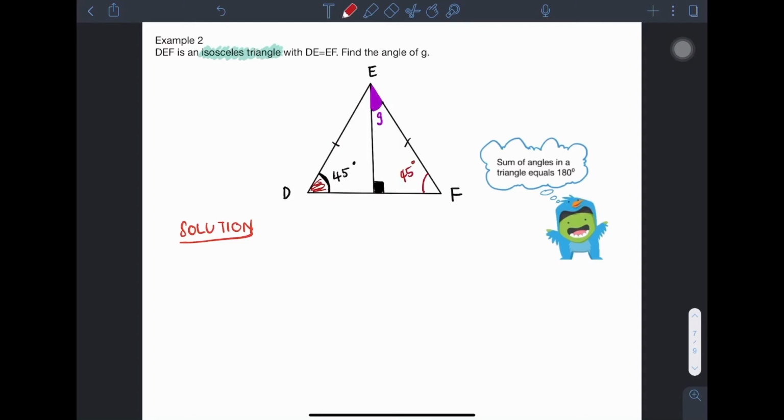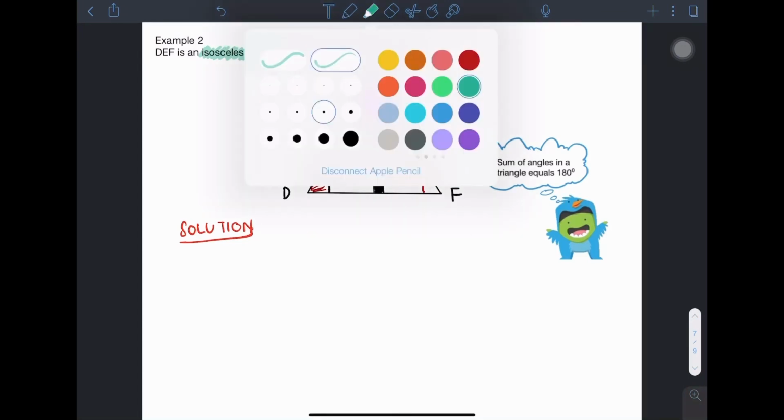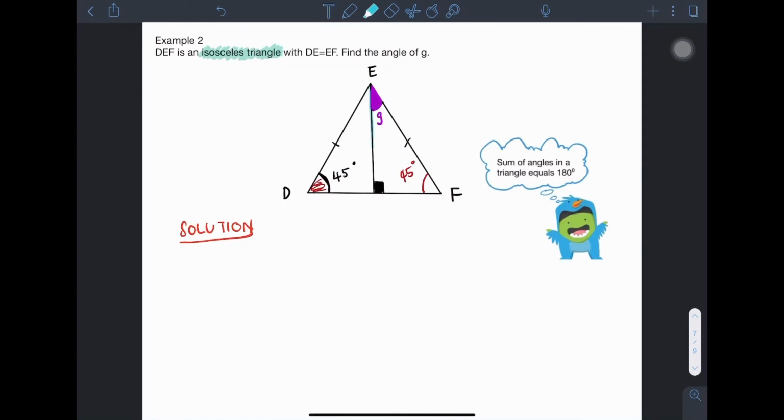Now, let's focus on this shape. Let's use another color. This is a triangle, right? A triangle will always give us the sum of angles of 180. It means that this angle plus this angle plus this angle will give you 180 degrees, correct? And for this question, we already have this angle, we also have this angle. So to get G is very direct and very easy.